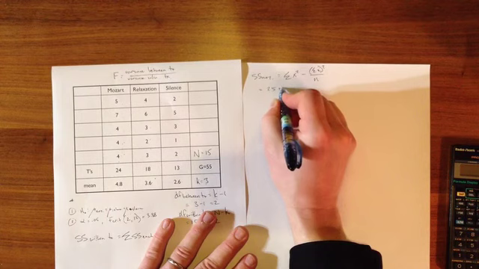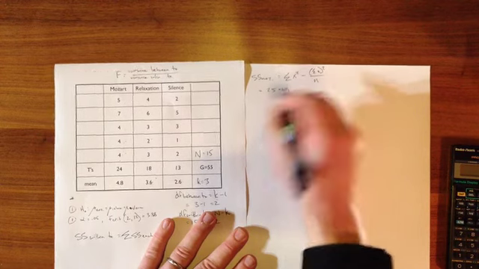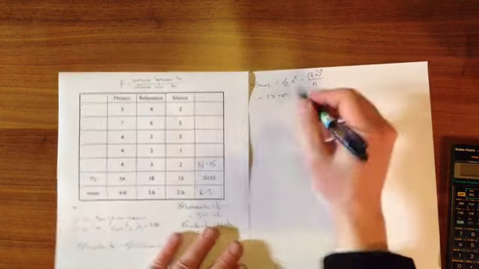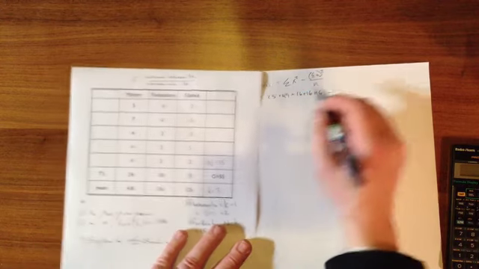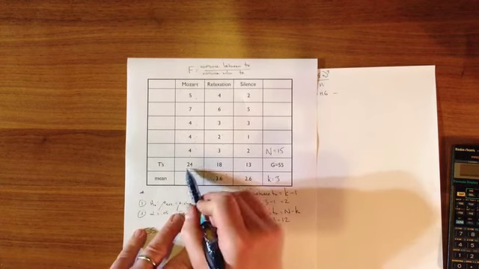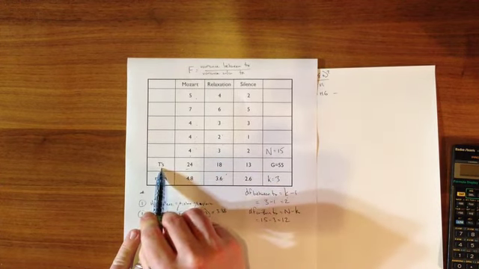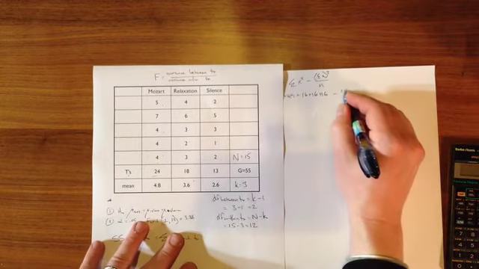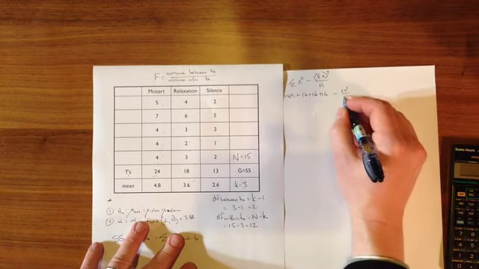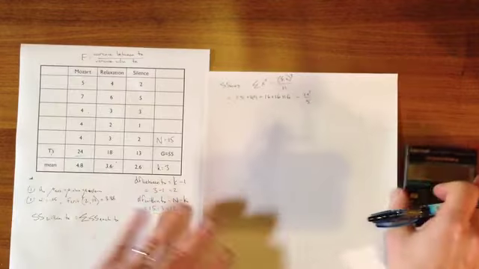That's 25 plus 49. I'm just squaring the Mozart scores here. Plus 16, plus 16, plus 16, minus the total of all the scores, which I've already calculated. We call those the T's. So the T's are the totals within each group. T here is 24 squared over the number of scores, which was 5.